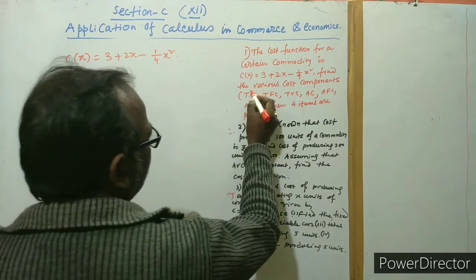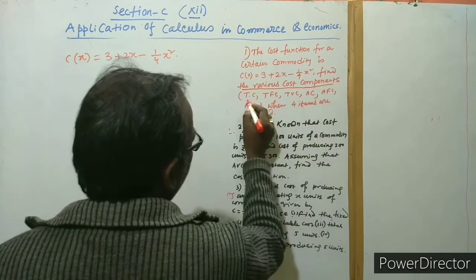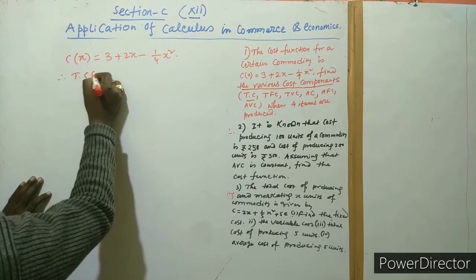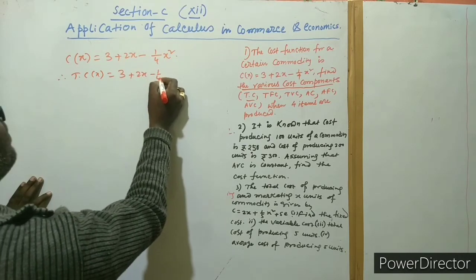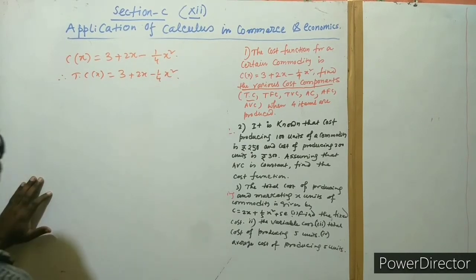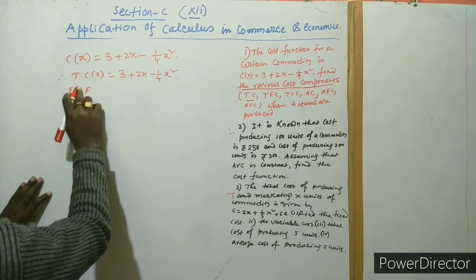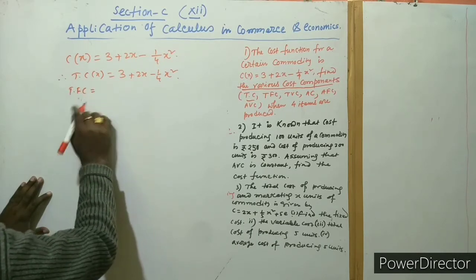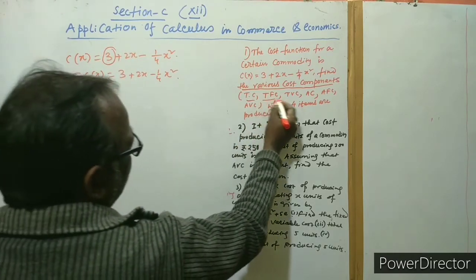So find the various cost components. The total cost is this. Total fixed cost, and this is the fixed cost, which is 3.